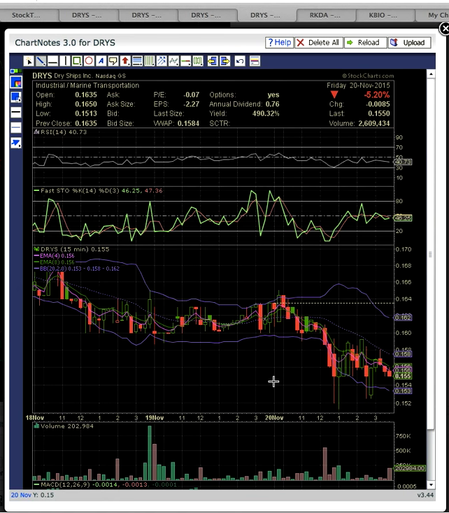This is another 15-minute chart, and this is a 3-day chart, so you can look at the detail of the last 3 days of trading. As you can see here on the 19th, candles were starting to turn the middle Bollinger Band into support. The middle Bollinger Band is this dotted purple line, the line in the middle of these two solid purple lines. This is the upper Bollinger Band, this is the lower Bollinger Band, and the middle Bollinger Band is the dotted purple line.